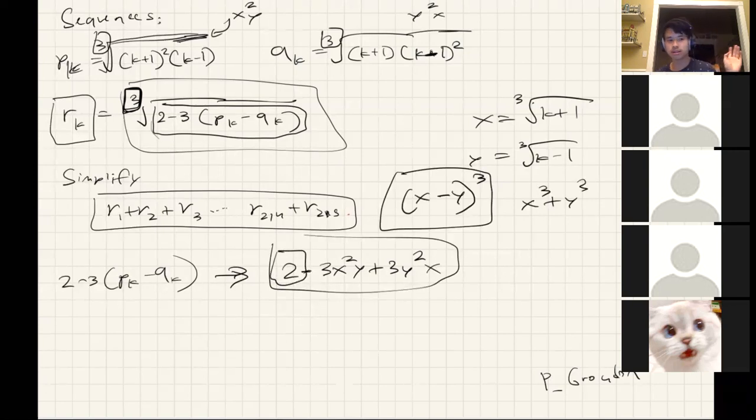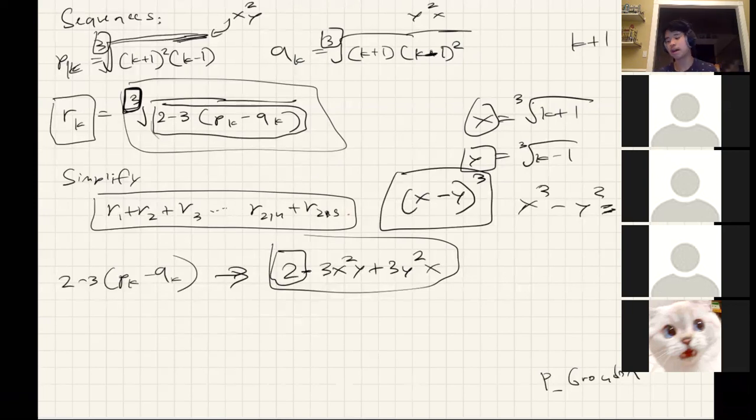So what do we do, right? Well, you might have noticed that the cube roots are here for a reason, and the reason is that if we cube x, we get k plus 1, and if we cube y, we get k minus 1. So actually, we get x cubed minus y cubed equals 2.